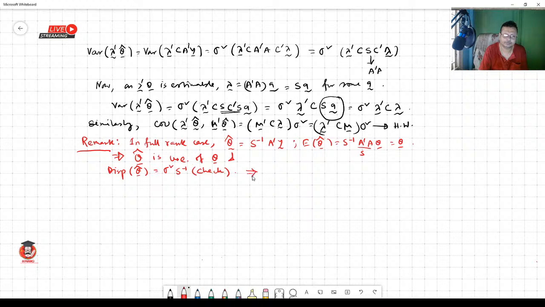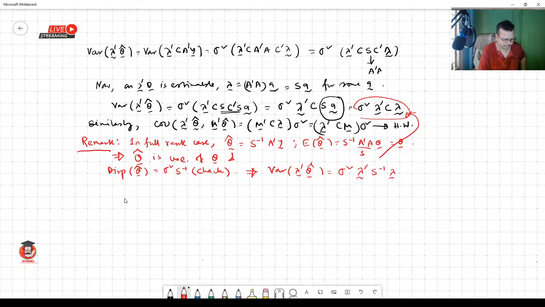Therefore, variance of lambda curl prime theta curl hat is sigma square lambda curl prime S inverse lambda curl, which is the same thing as when the rank is not full.